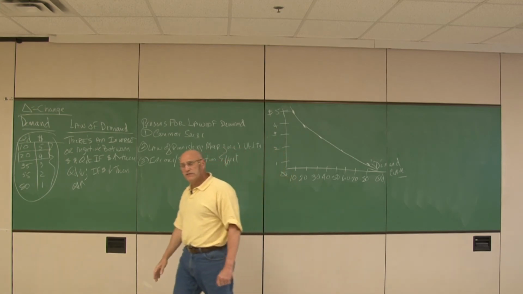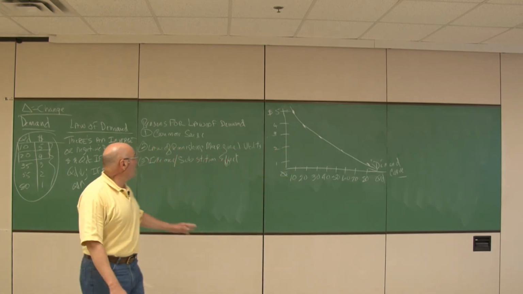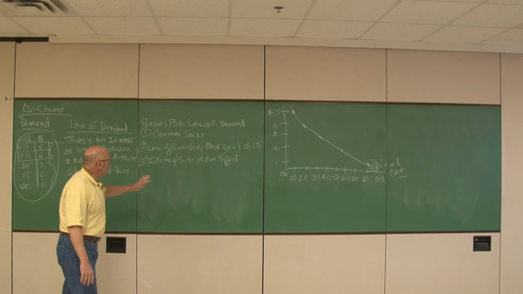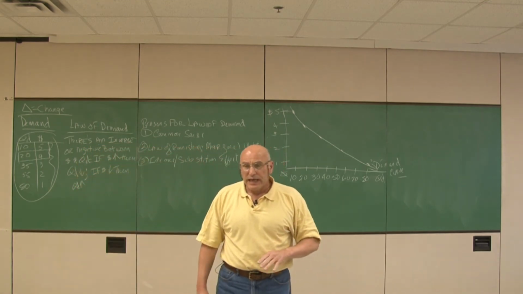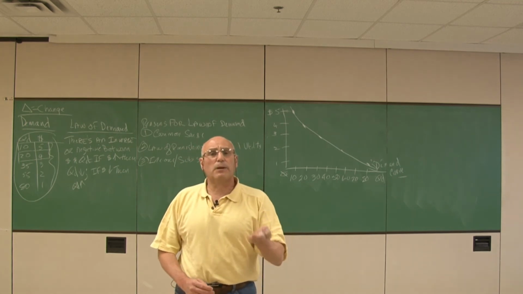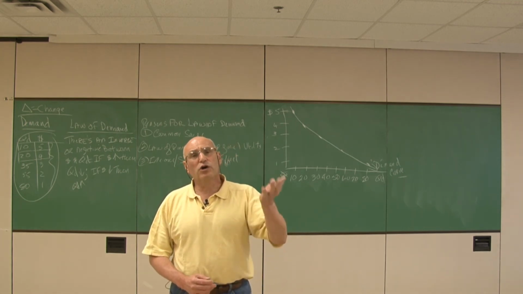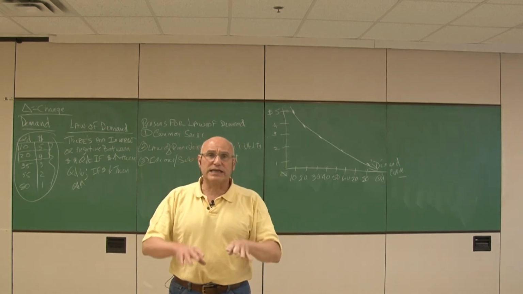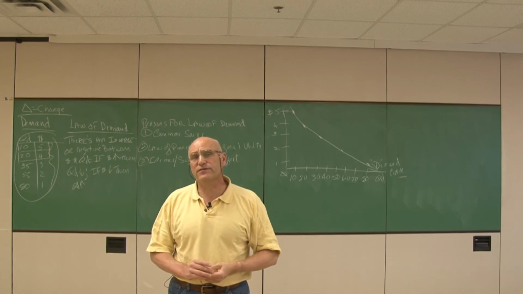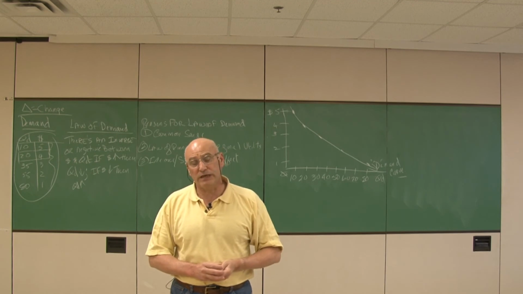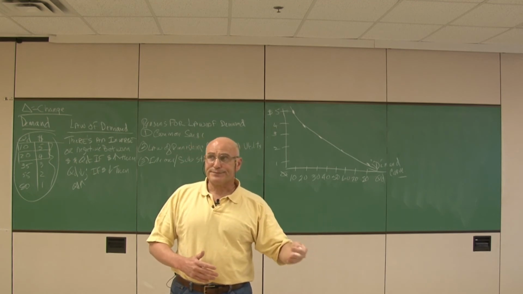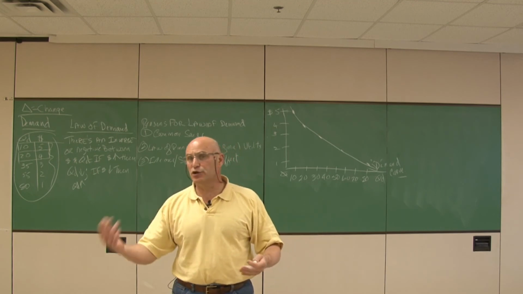And the last reason for the downward sloping curve, which is the law of demand, is what we call income and substitution effect. If the price of a good goes up, if beef goes up relative to chicken, let's assume that they're both $2.50 a pound and you have $10 to spend on chicken and beef. You buy 2 pounds of chicken, 2 pounds of beef.